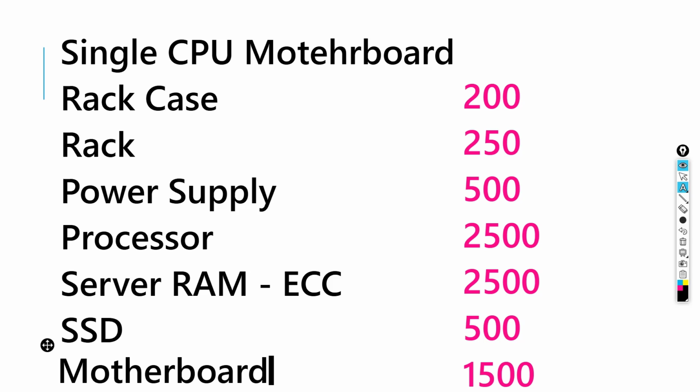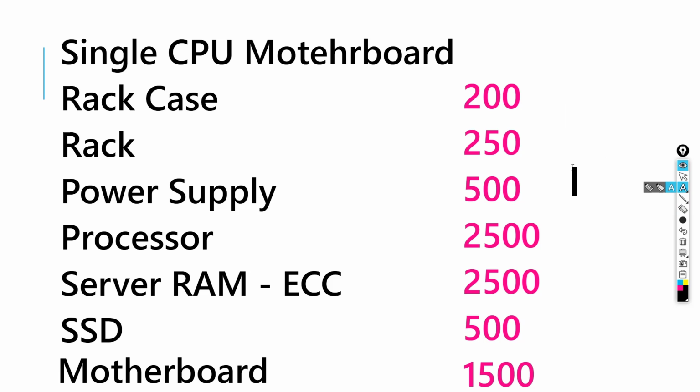Now similar things would be required, except for the rack. You will require a rack case, a power supply, a processor, server RAM, SSD and motherboard. All these things would be required. So this costs you a lot of money. So here say $5,000, right? If we add up this whole amount, what will be the total? Let us just see that, and I will not be including the rack here.